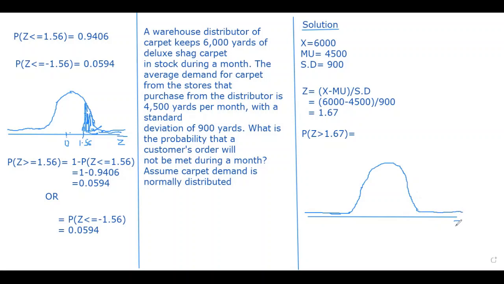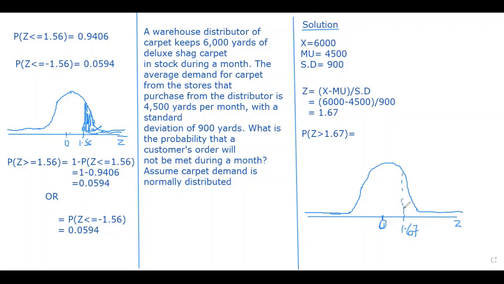So Z is as here. So always the standard deviation for standard normal distribution is what? 1, and the mean is 0. 1.67 will be here. So you trace upwards to the boundary.